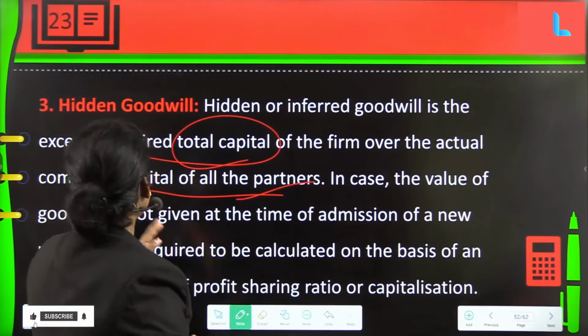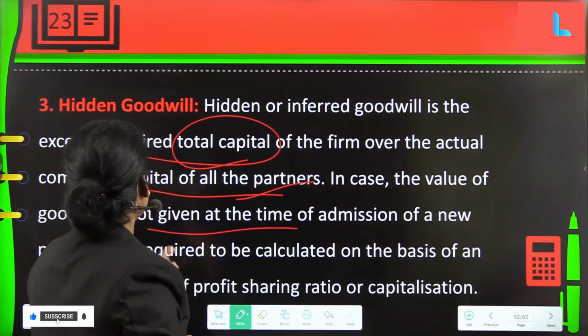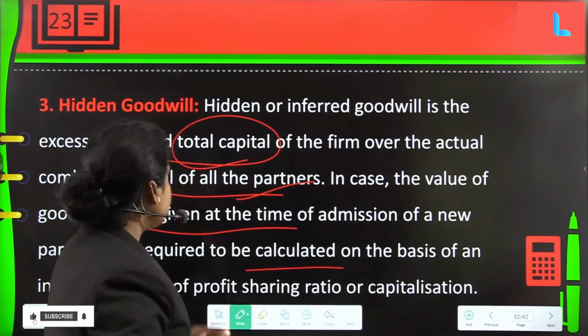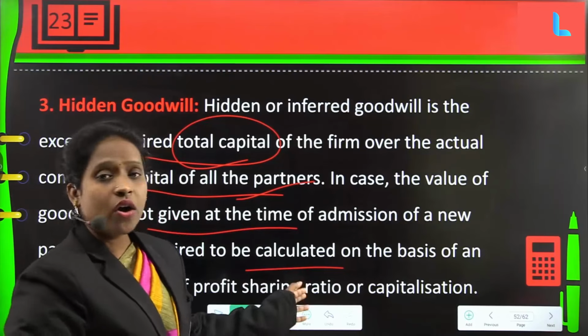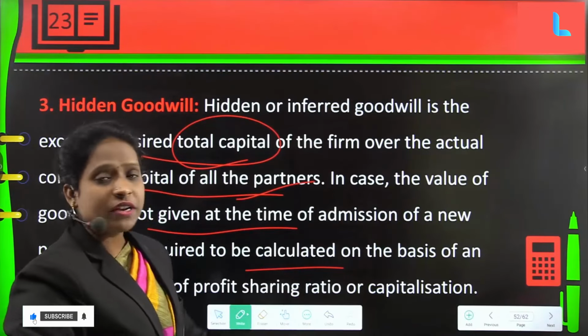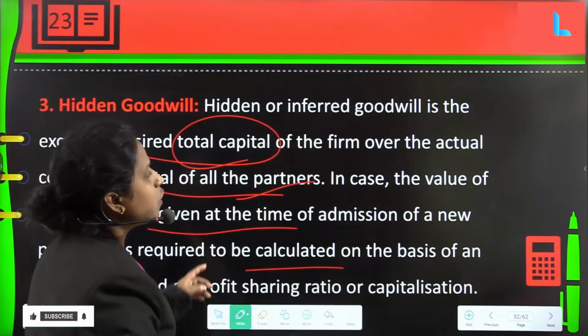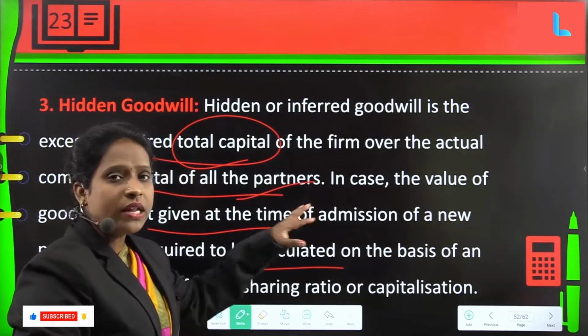In case the value of goodwill is not given at the time of admission of a new partner, it is required to be calculated on the basis of an inferred method of profit sharing ratio, which we also call capitalization. Right? So it's going to be the desired total capital of the firm over the actual combined capital of all the partners.